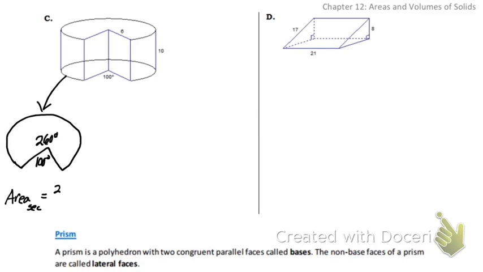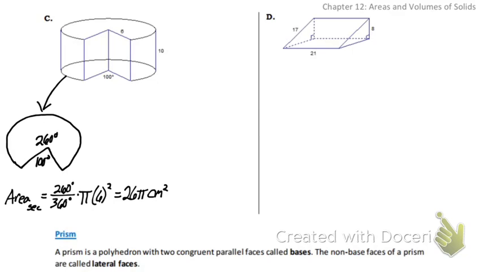Is going to equal 260 over 360, so the percent of the circle that's being taken up, times the pi r squared, and r is 6 squared, which is going to end up equaling 26 pi, let's call it centimeters squared.